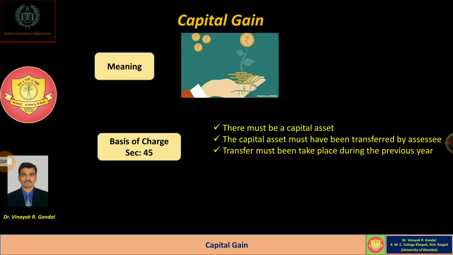So these are the basic conditions that must be fulfilled by the assessee while computing tax liability in the case of capital gain as per section 45.